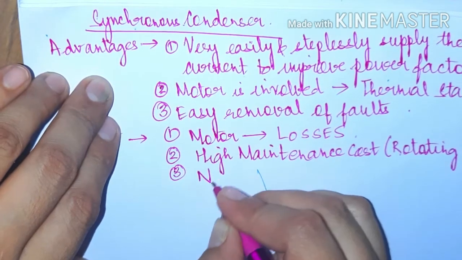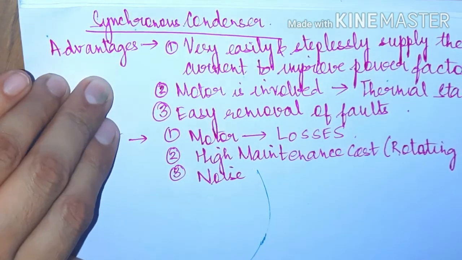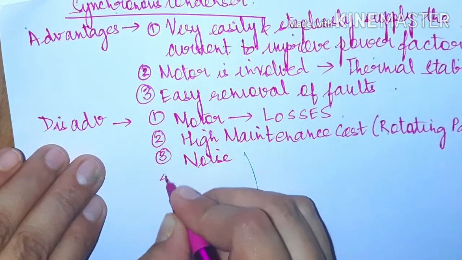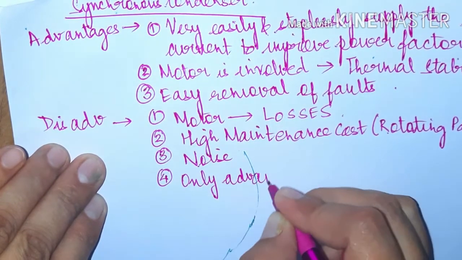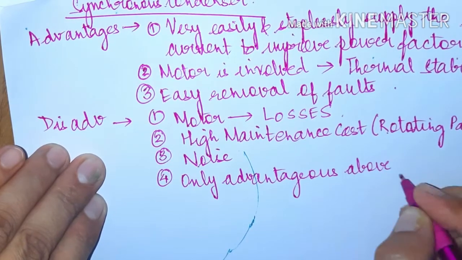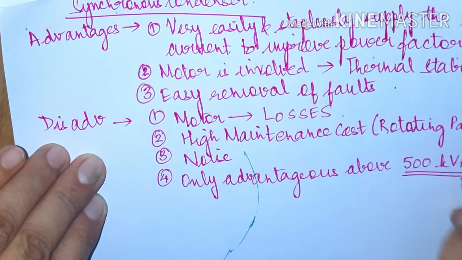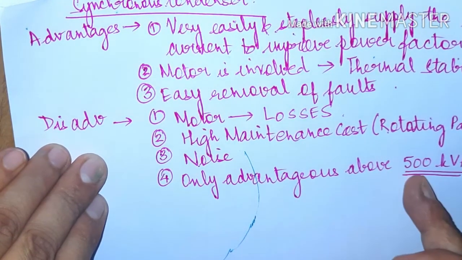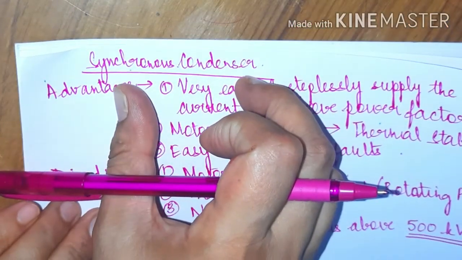Thirdly, since a motor will rotate, definitely there will be noise. Fourth, it is only advantageous above applications of 500 kVA. If there is a load where this much power and more is involved, only in those cases can you use the synchronous condenser.